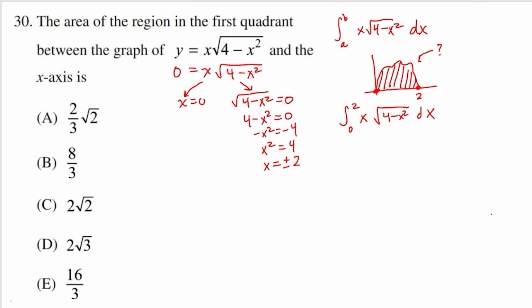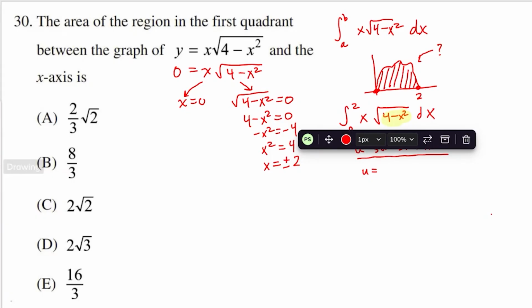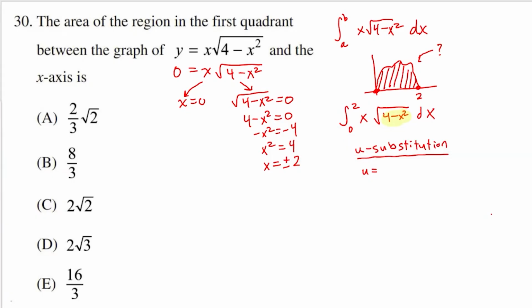This integral is going to be solved using u substitution. So that means that we are going to substitute an expression in this equation with something where we can find a modified version of the derivative also in the expression. So we're going to use u substitution and select u to be 4 minus x squared. Now we don't have the derivative of that directly in the equation.